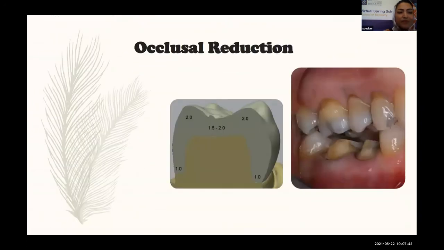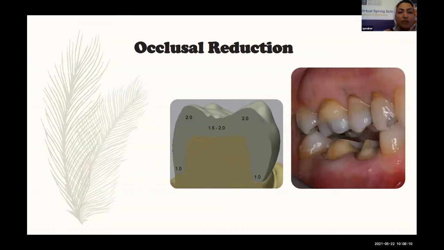So let's speak about the principles. According to the previous consideration, it is recommended to have 1.5 to 2 millimeters for occlusal reduction of ceramic restoration. This reduction provides adequate thickness for ceramic to withstand occlusal forces and avoid fracture of the restoration during the milling process.